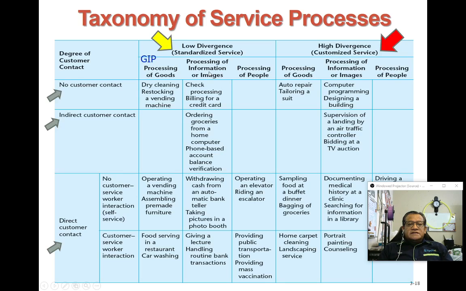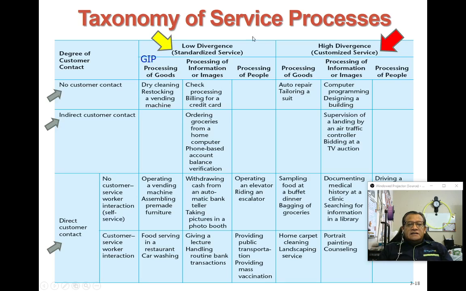So for processing the information or images, it could be billing for credit card. So this is on information. If it is of type indirect customer contact, it could be seen in ordering grocery from home computer, or checking the balance in your account from an online banking service.